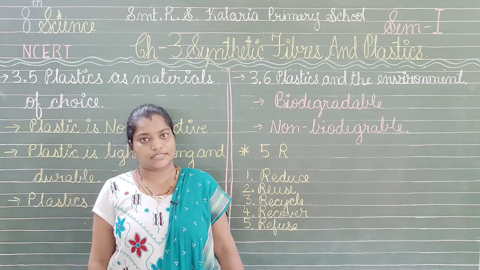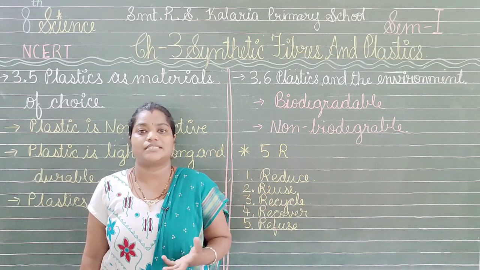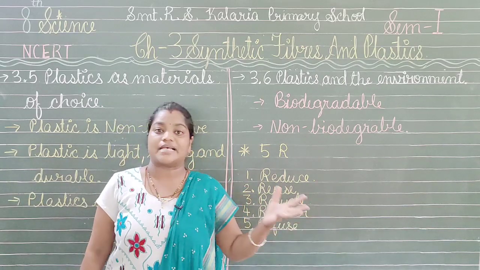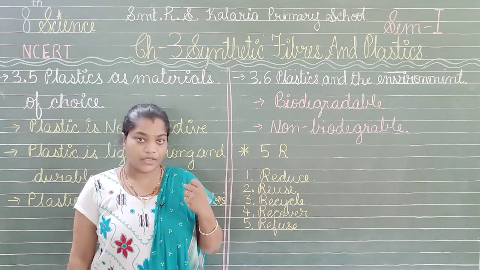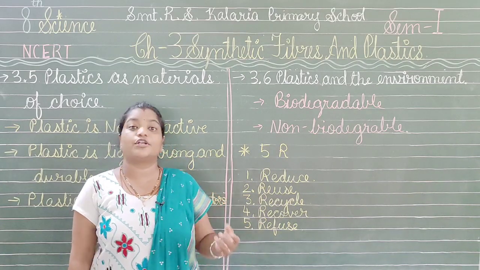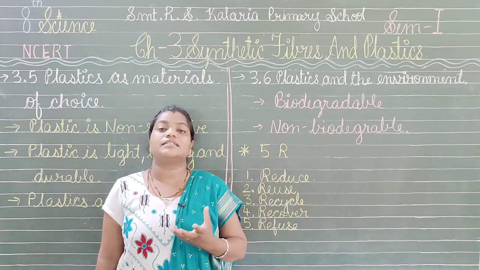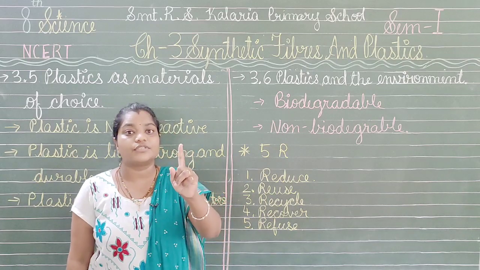If a shopkeeper or vendor supplies us a plastic bag, we should not take it, and we should replace the plastic bag with a cotton or jute bag which we have. The last one is refuse. If somebody delivers us plastic bags, we should not take them. This is what refusing is.